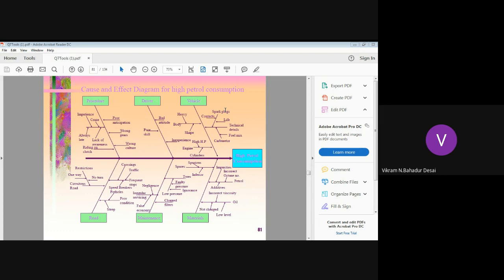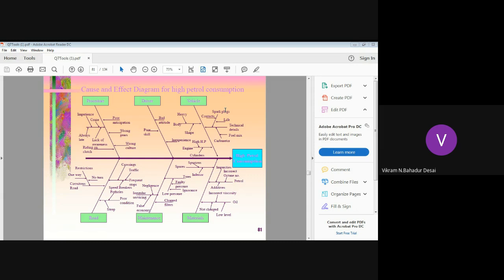Yes, you got this diagram, right? Is this clear? Yes, sir. If 10 marks are asked, you should be able to draw like this, 8 marks or 10 marks. I may ask you some questions like, if there are any issues in a software, what might be the problem? Something like that. You should be able to draw neatly, right?